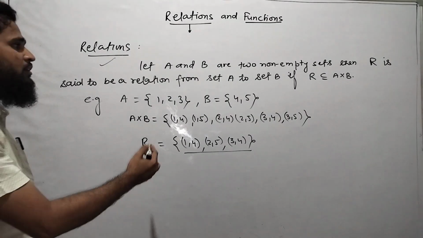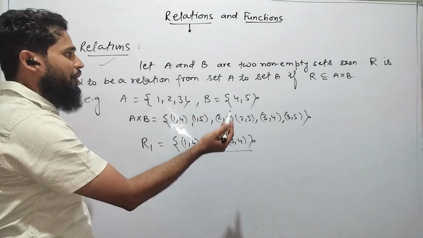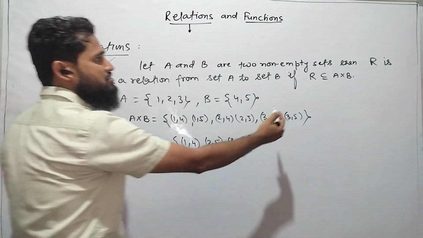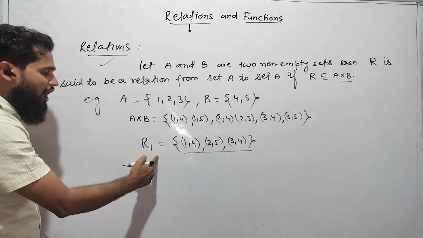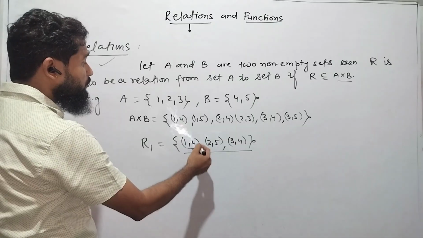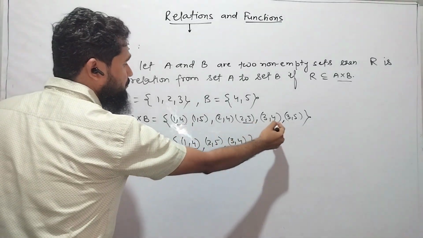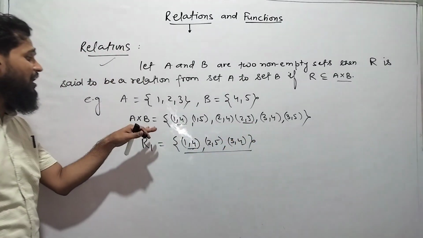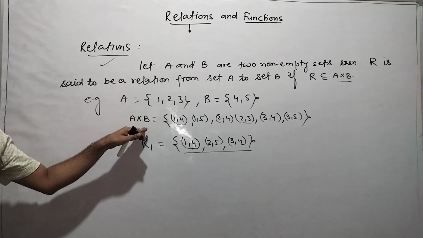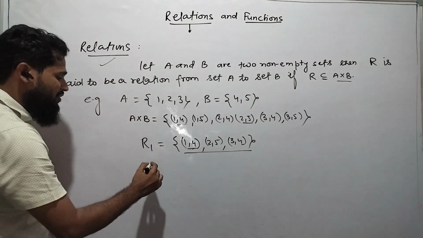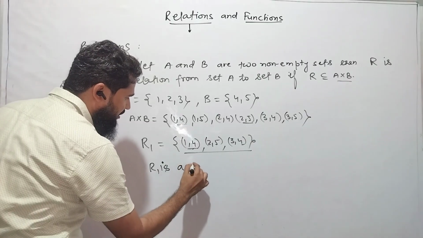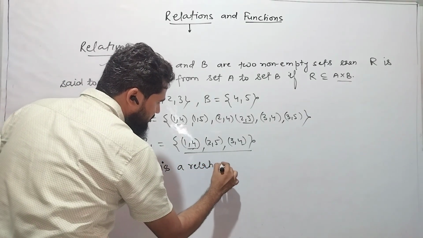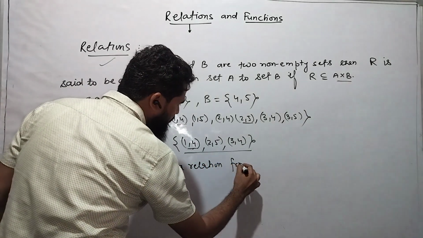Because we know that R is a relation from A to B if R is a subset of A Cartesian product B. Now here R1 contains (1,4), (2,5), (3,4), which are members of A Cartesian product B. Therefore, we can say that R1 is a relation from A to B.